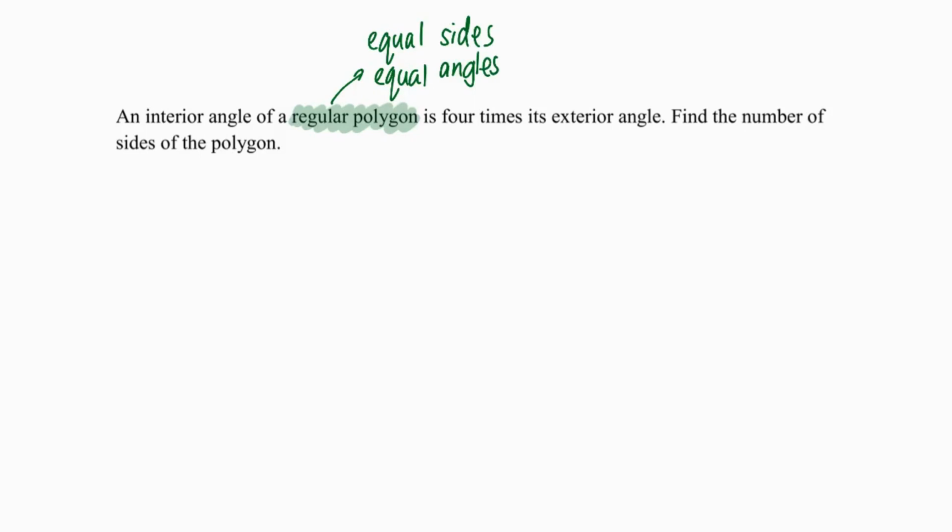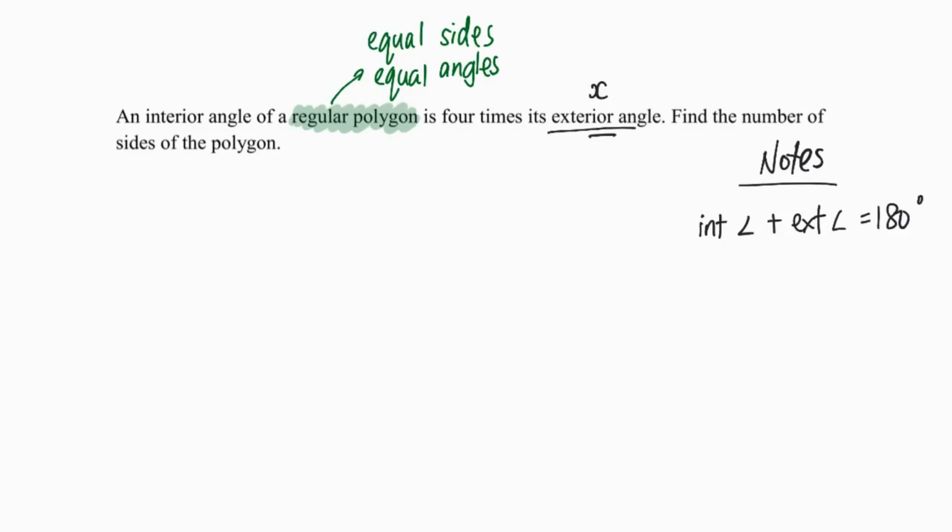And of course, at the side, please also take note of the notes that interior angle plus exterior angle is equal to 180 degrees. Okay, so the first step is, of course, I am going to let x be the exterior angle.